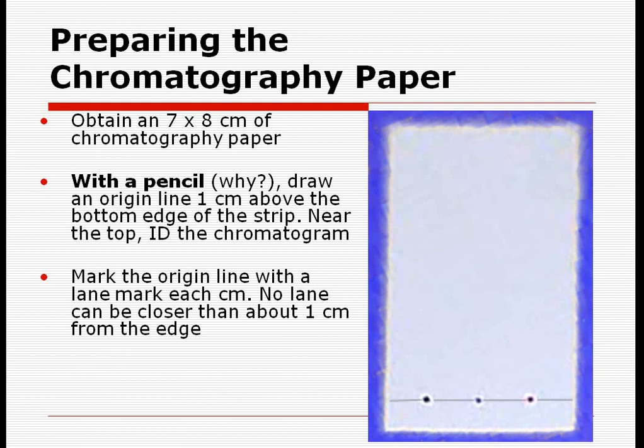Identify the chromatogram. Mark the origin line with a landmark each centimeter. No spot can be closer than about 1 centimeter from the edge. These are shown in the chromatographic paper with 3 spots on the origin line, which is 1 centimeter from the edge.